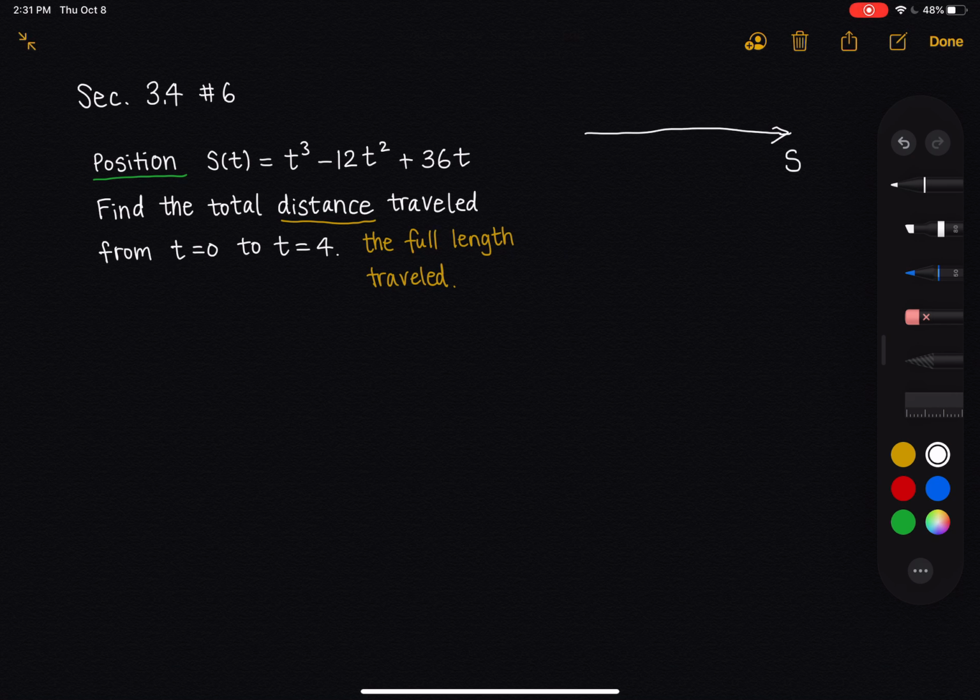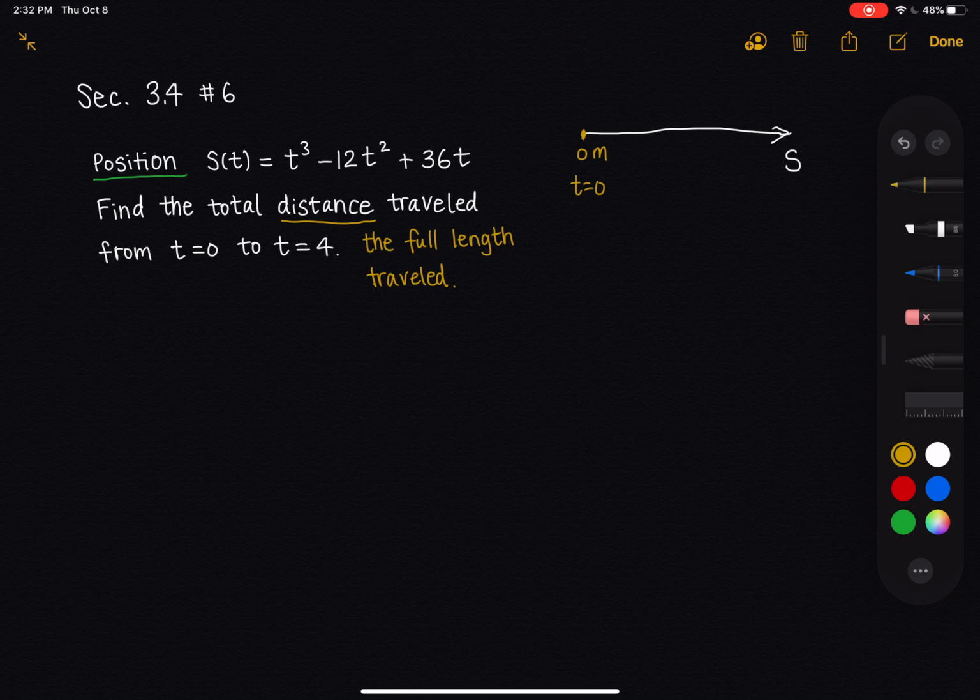So at time t equals 0, how far does the particle travel along the s-axis? It travels 0 distance, 0 meters. Now, what about when time t equals 4?